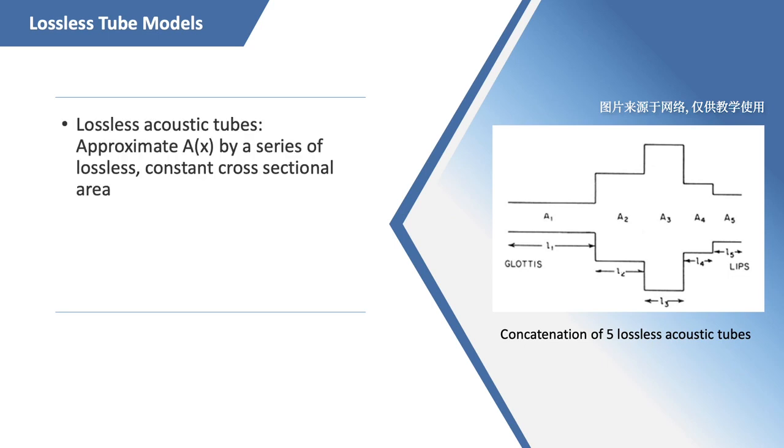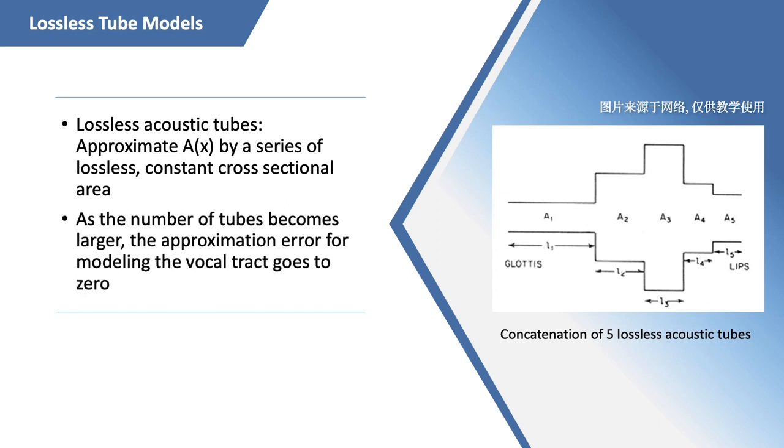We can approximate the vocal tract area function A(x) by a series of lossless constant cross-sectional area tubes. As the number of tubes becomes larger, there is smaller approximation error for the vocal tract area function. The approximation error for modeling the vocal tract goes to 0.